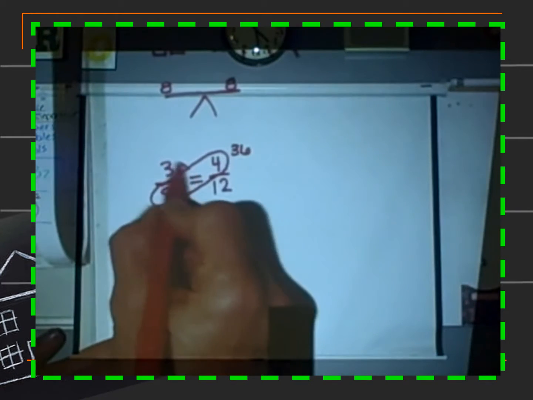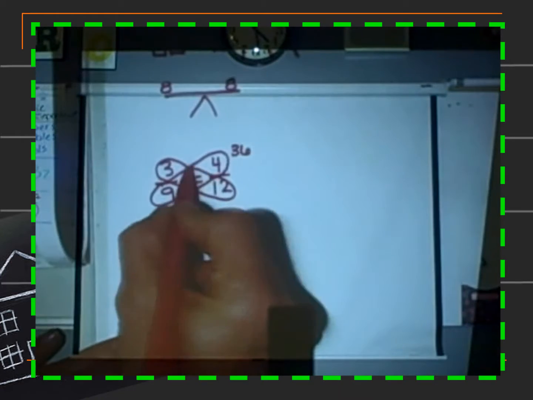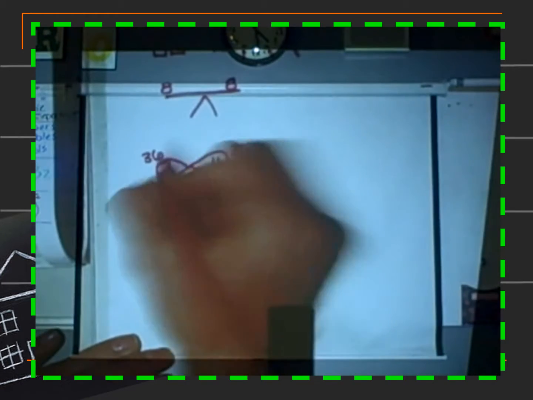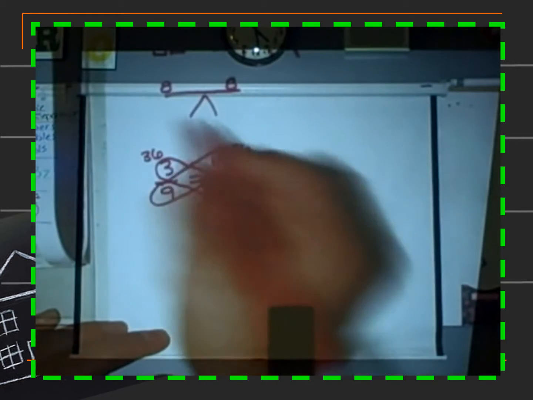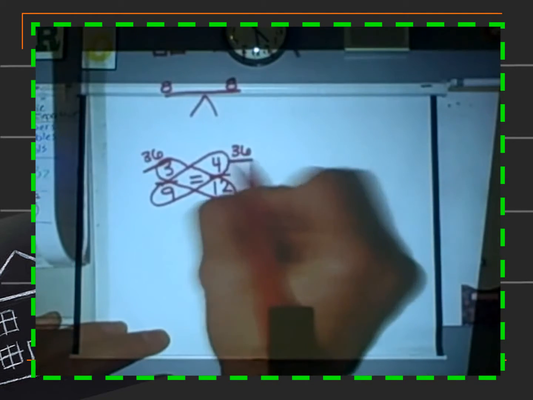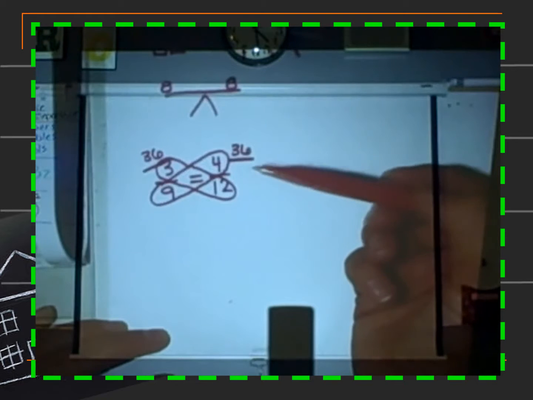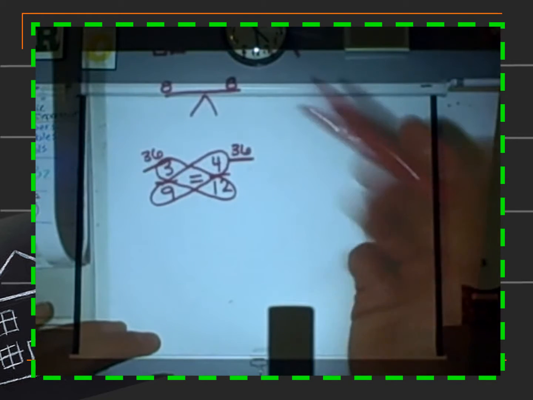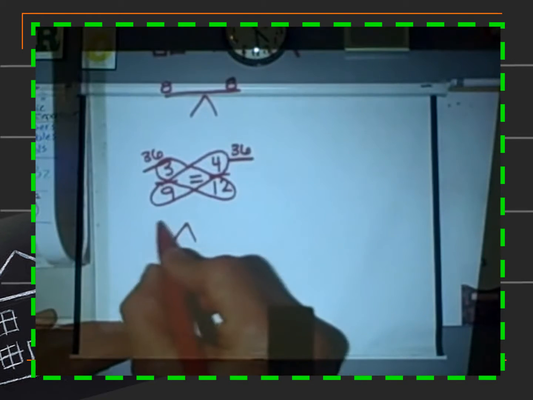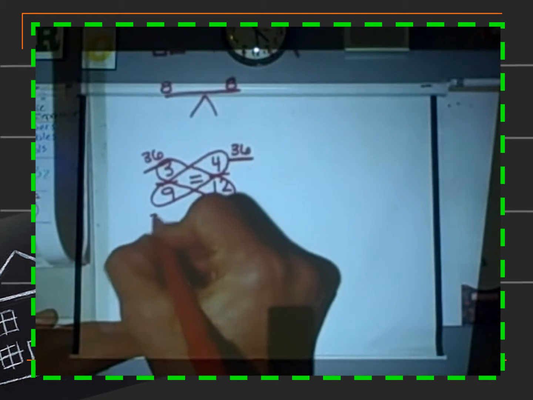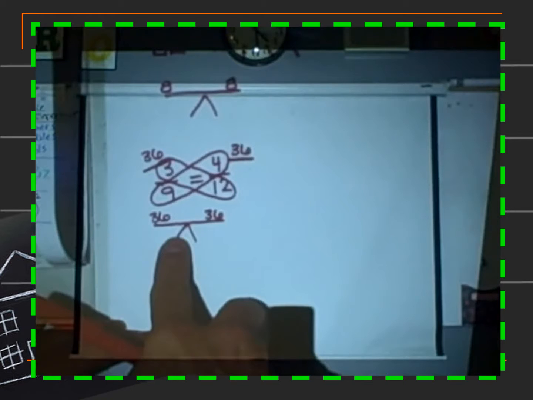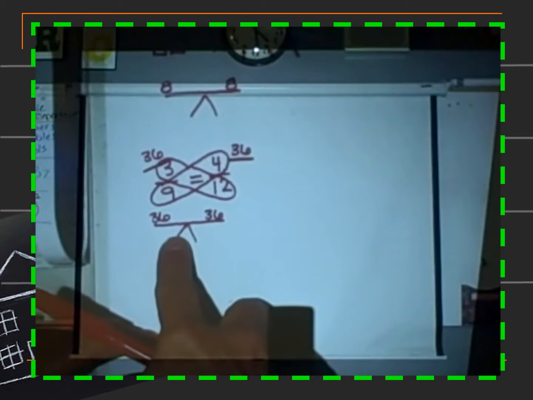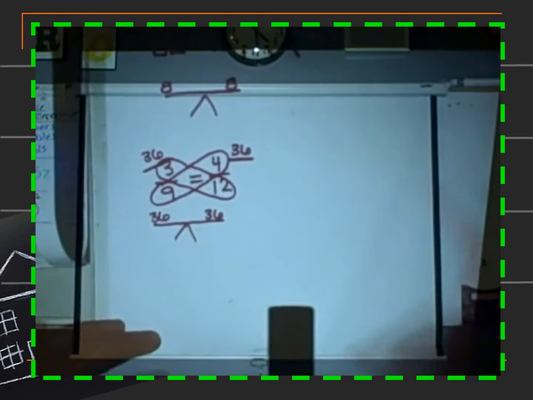Now I'm going to multiply 3 times 12, and the answer is also 36. So because the cross products are both 36, this tells me that this is a proportion. Let's think of our balance. Because we have the exact same number, this looks normal. So this is a proportion.